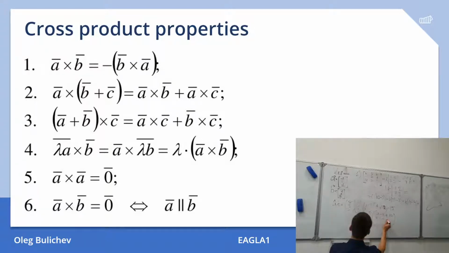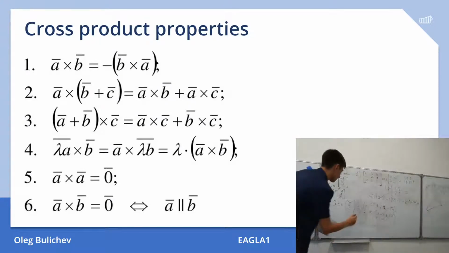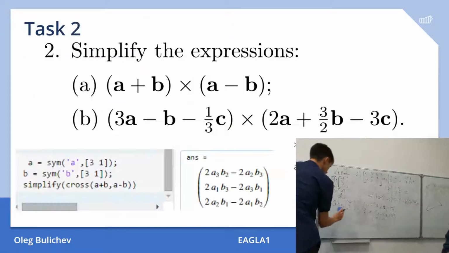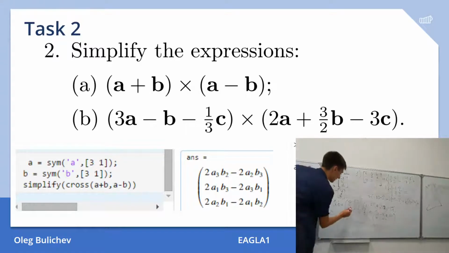For simplifying those tasks, you don't need to use it in coordinate form like we did there. You just need to operate on this one. It won't help you. Actually, yes, it might help you, because as I did it, the result I received in coordinate form still looks like cross product BA, and the result will be the same.